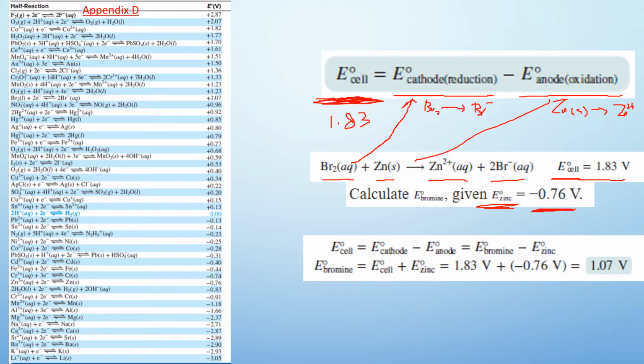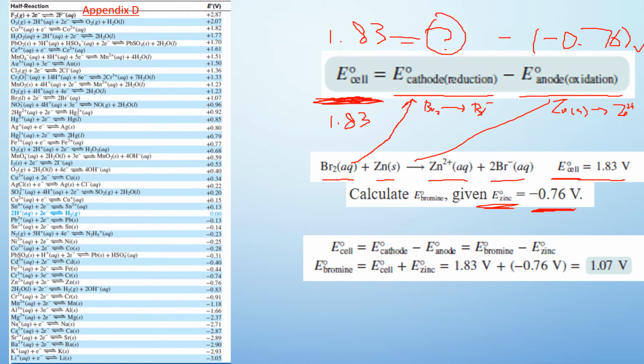So we are subtracting the standard half cell potential of zinc, minus 0.76 volts, from the standard half cell potential of bromine. We don't know this value, but we know the result is equal to 1.83, and we are trying to find this one.